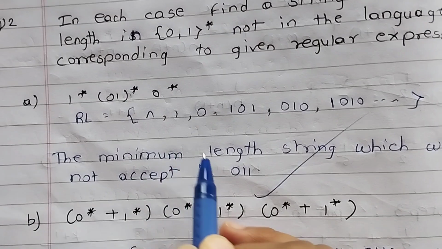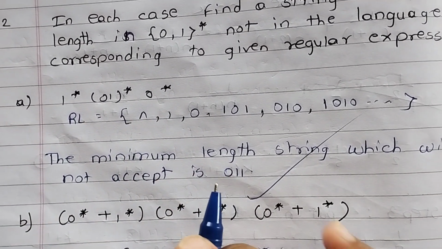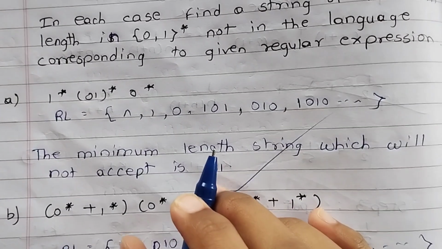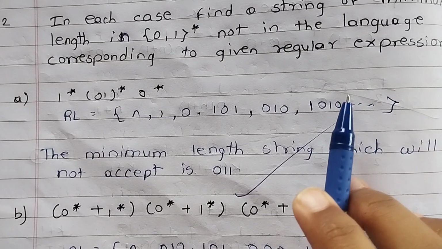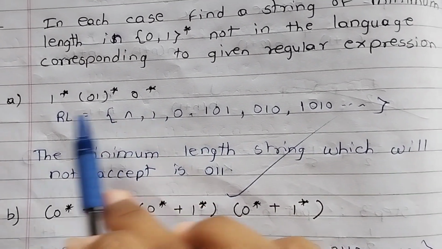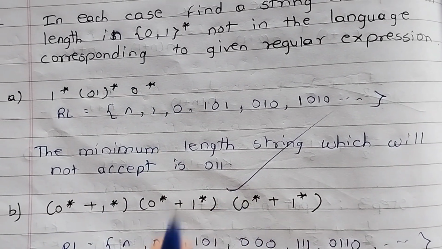So for this 0 1 1, if we take any combination we do not get this 0 1 1 combination. So for this expression, we write any possible string which is not accepted by this regular expression.